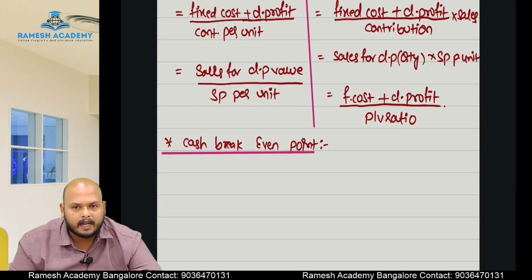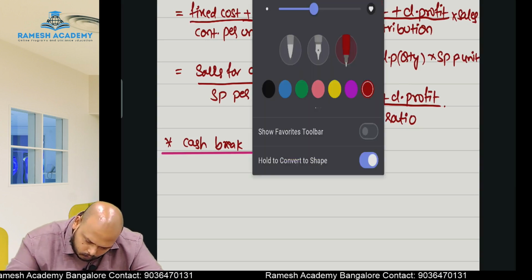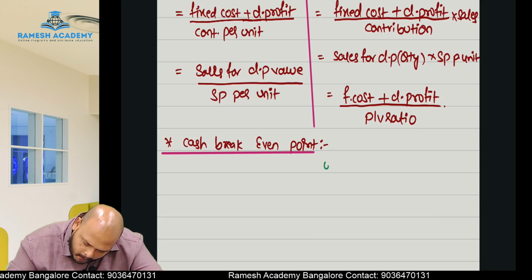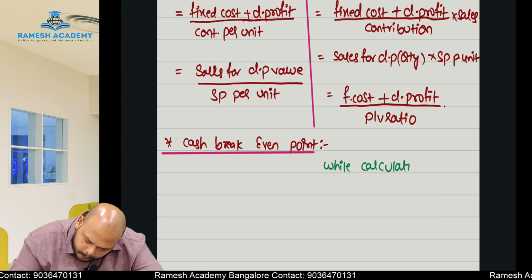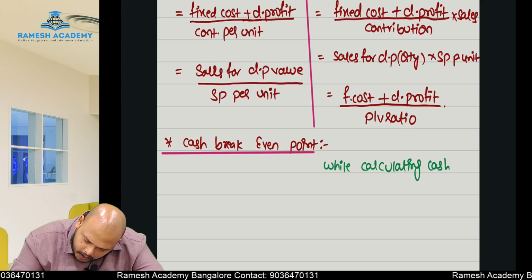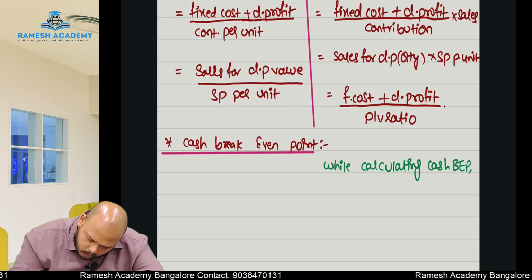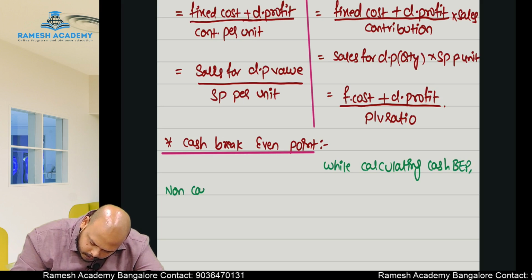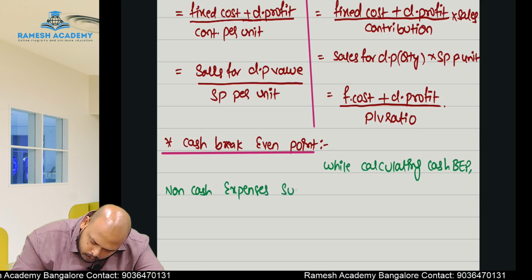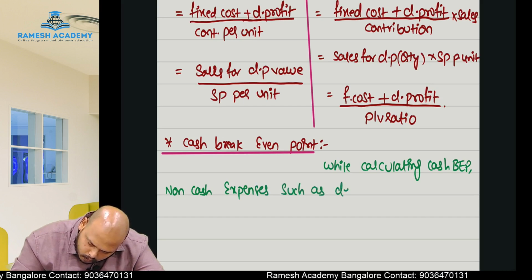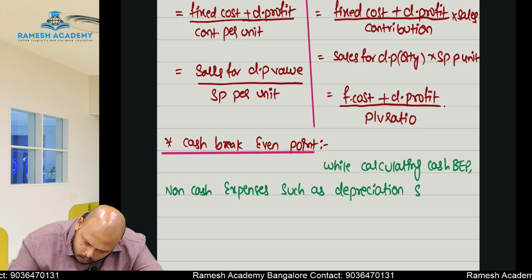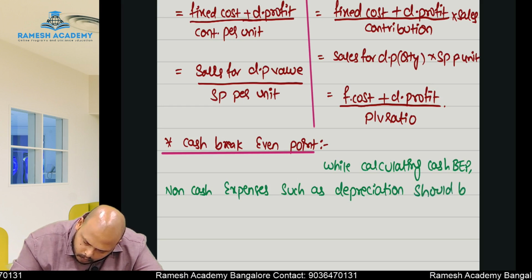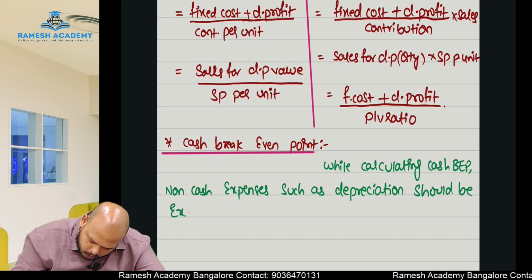What do you mean by this cash break-even point? While calculating cash BEP, non-cash expenses such as depreciation should be excluded.